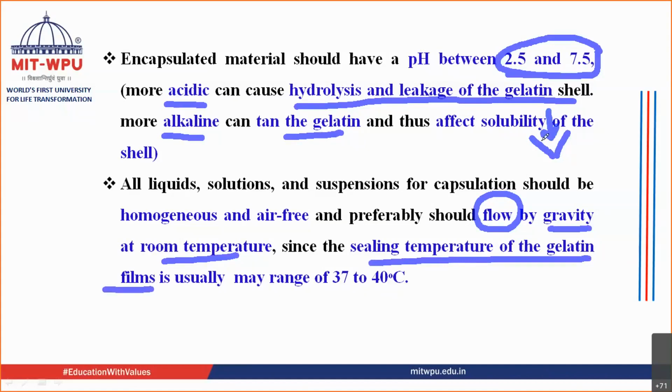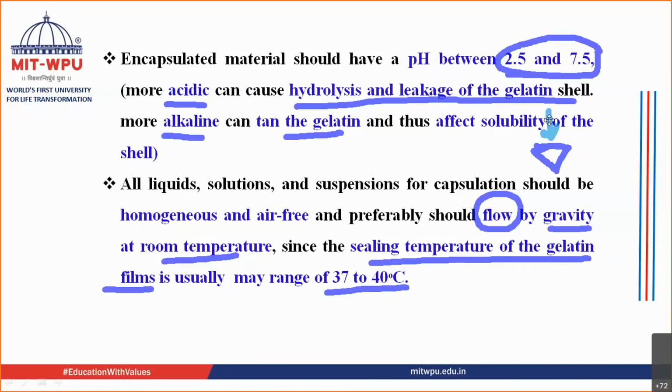from here they get sealed and then they further come down and again they join each other. So this comes down and this comes down and then they further join to each other in order to form the capsule. So this sealing temperature is in the range of 37 to 40 degrees Celsius. So what is going to happen?